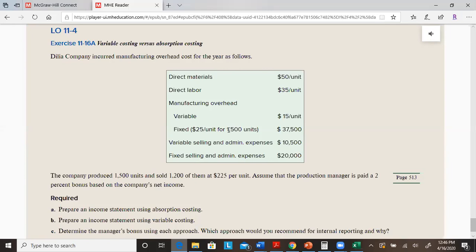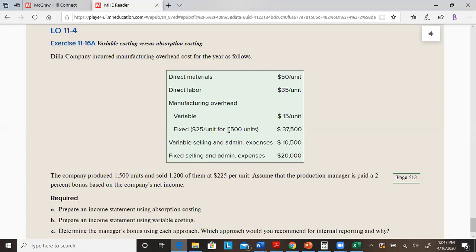So variable overhead, and we said that was $15 a unit, so I'm going to subtract that. And then variable selling and admin is 10,500. So now my contribution margin is 139,500.